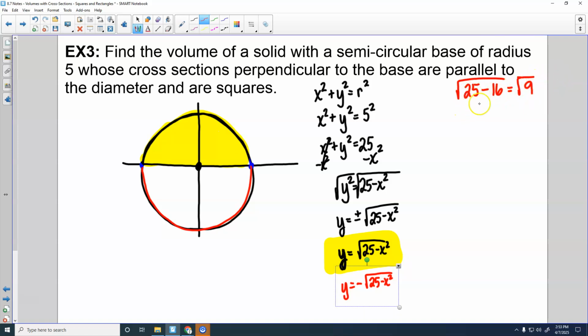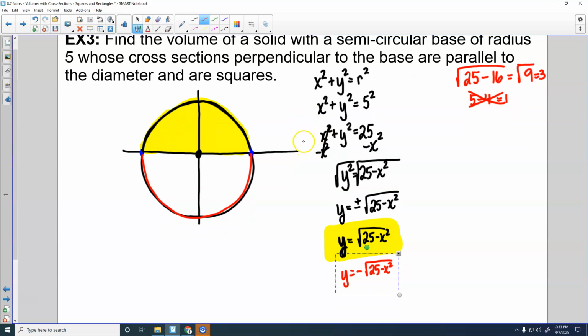But if I square root them separately, I'll have 5 minus 4, which would just give me 1, which would not be correct. So if they are added or subtracted, you cannot take the square root of them separately. So in this case, I'm going to use this one that I have highlighted here.